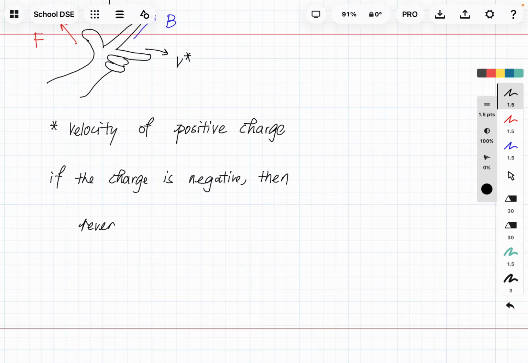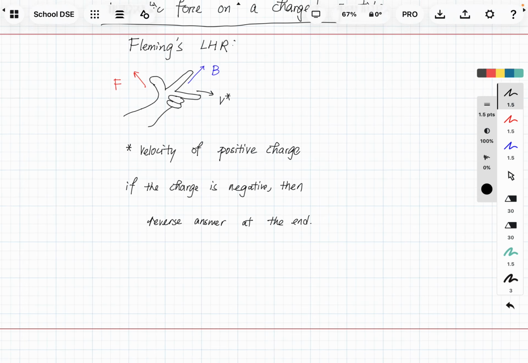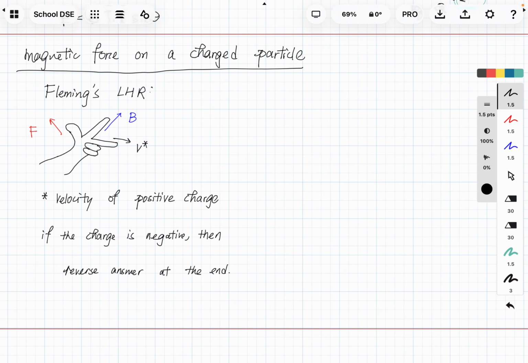Now, this is a very interesting thing, because it implies that if you imagine you are a charged particle and you enter a magnetic field, you may expect that you should experience a magnetic force, but this is actually not true.